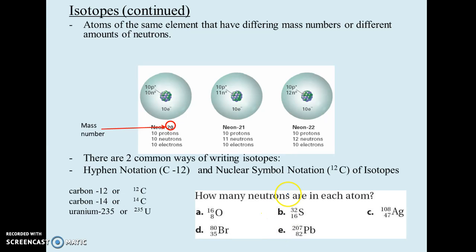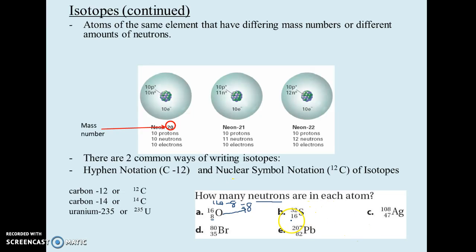So how many neutrons are in each atom? So let's take here oxygen. This would be its protons, its atomic mass. So how many neutrons would there be? We'd have to take 16, minus the atomic number of protons, 8. So that means for this one we have 8 neutrons in oxygen.